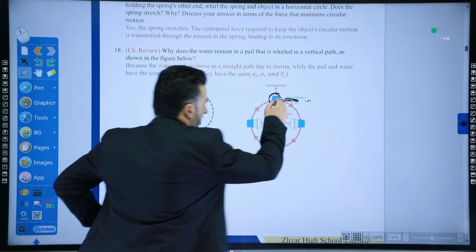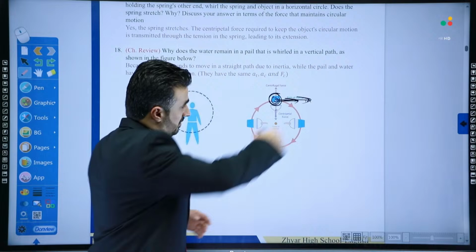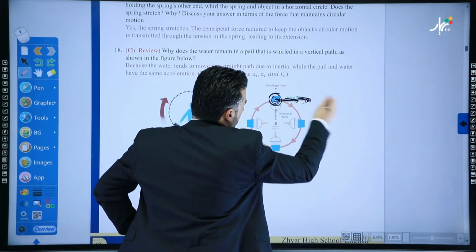So the object is moving at a point here, and you can see the direction of the motion is to the right in this case. So inertia tries to keep the object moving in this case.